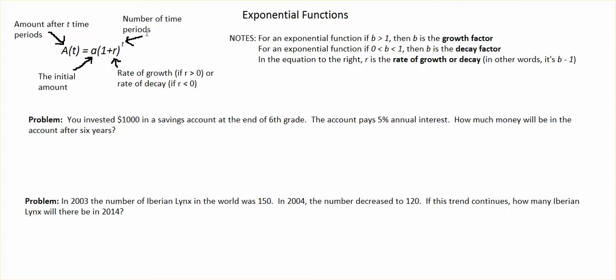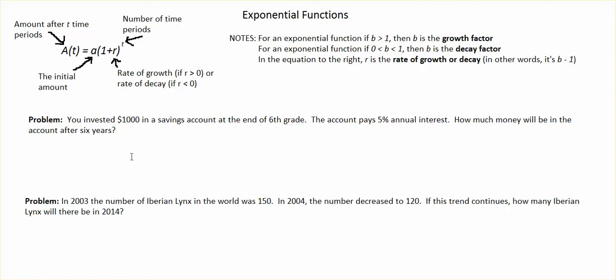So I know that's a little confusing, but you're going to have to get those two terms straight. Our rate of growth is R for rate. Our growth factor or decay factor is this 1 plus R. And then this exponent right here is really our input value. If this is a function, this says that we're calculating this amount using t as our input value. And so this is really the x value that we saw in our previous exponential functions.